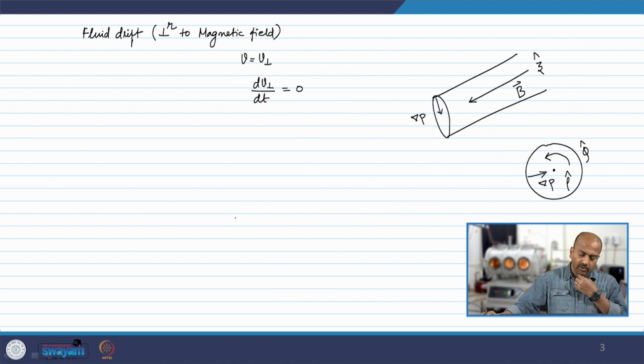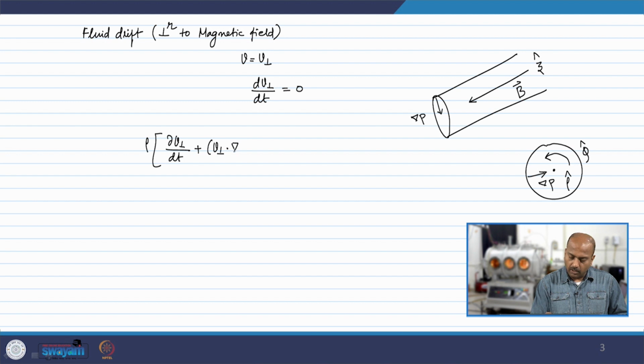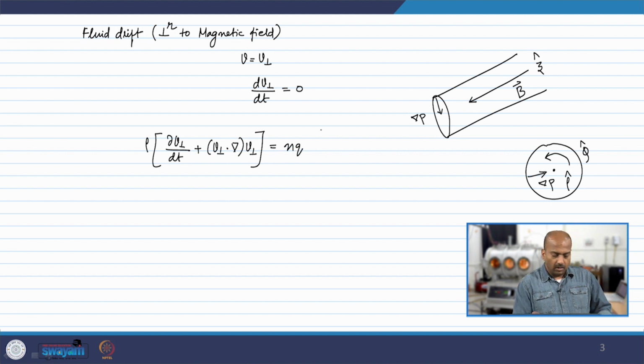So, for numerical calculations, we can start writing the equation as rho times dou v perpendicular by dt plus v perpendicular dot del times v perpendicular is n q times E plus v perpendicular cross B minus del p.